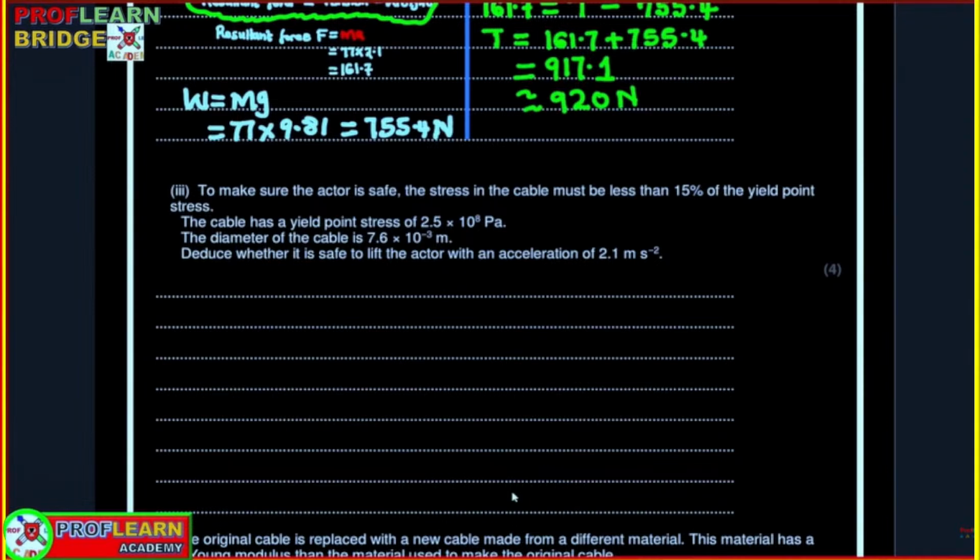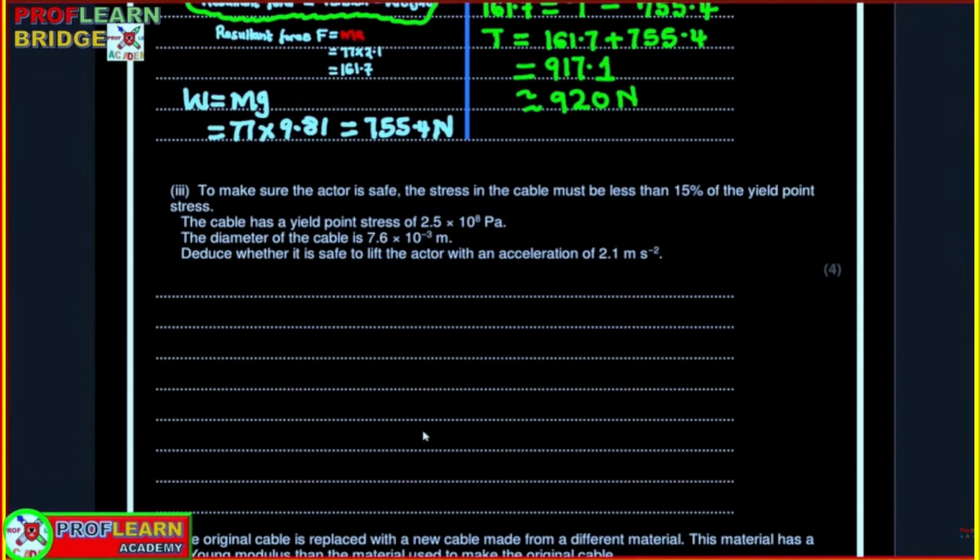Now, to work out this question, what we are going to do first is to work out the stress of the cable. And of course, for us to work out stress, we need to know the cross-section area. So let us start by writing the formula for stress.